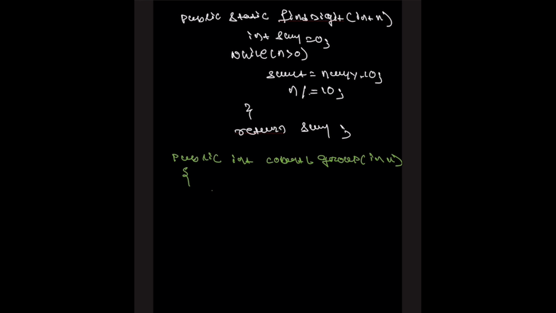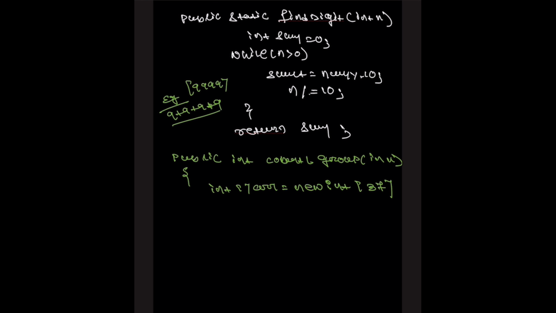Here we take an array of size 37, because if the number looks like 9 plus 9 plus 9 plus 9, 4 times 9, it's the highest number.